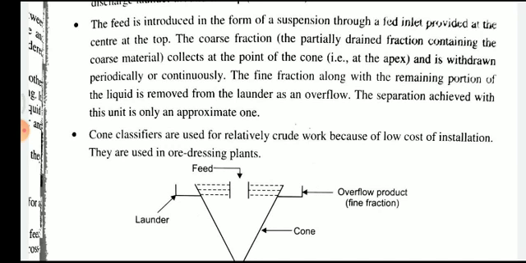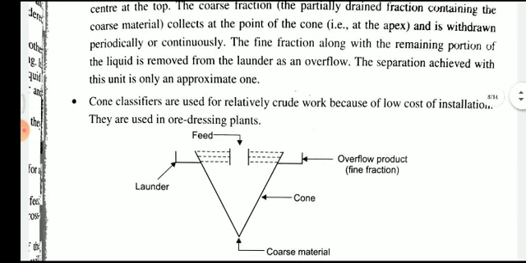The separation achieved with this unit is only an approximate one, because the percentage yield cannot be set properly. That means it would give us only some percentage. This depends upon the process as well as the particle mixtures.